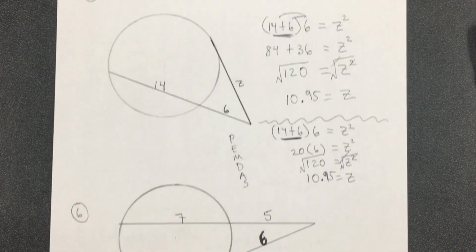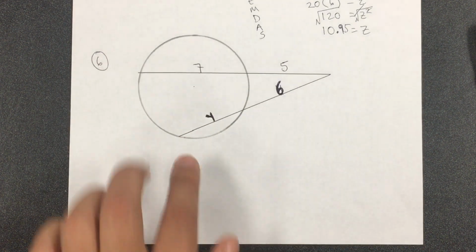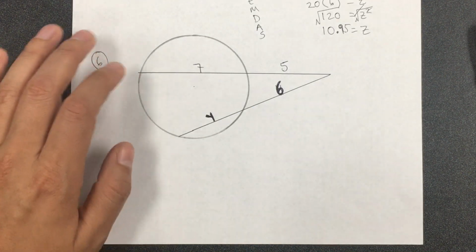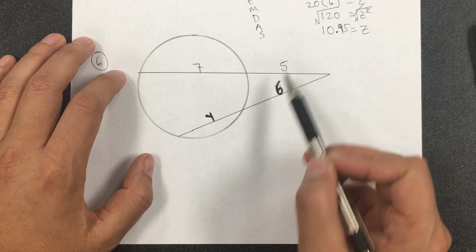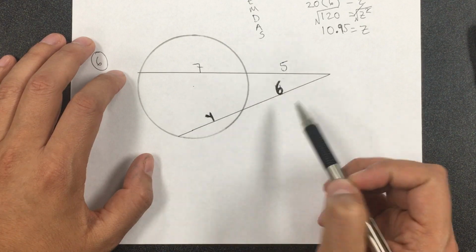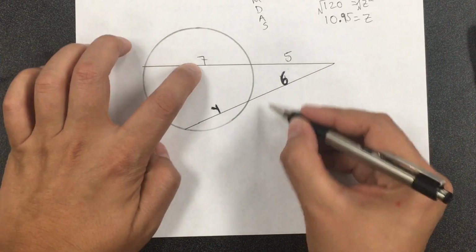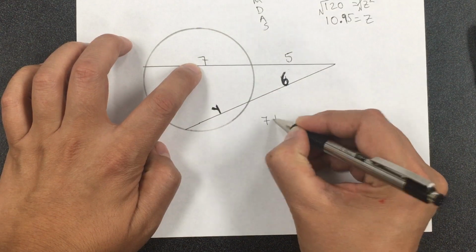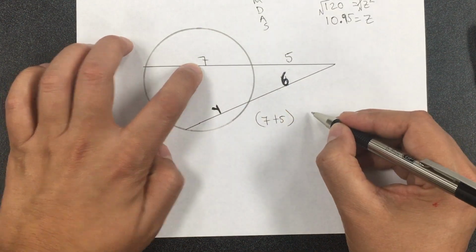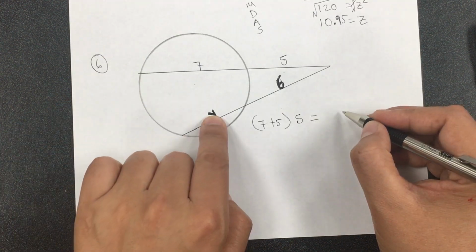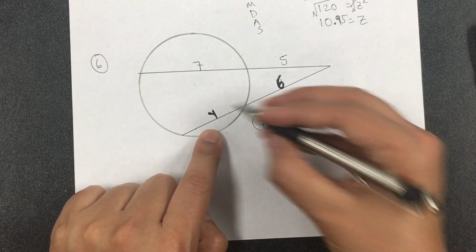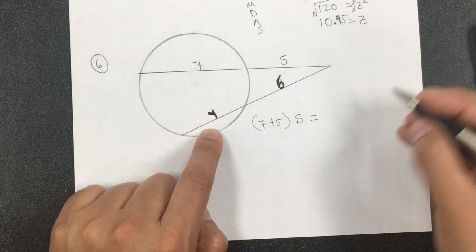Okay, let's do one with 2 secants. And so again, for the 2 secants, you add and multiply times the section outside. So it's going to be 7 plus 5 times the section outside equals y times 6. This is a y, believe it or not.